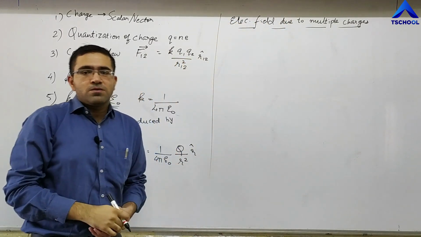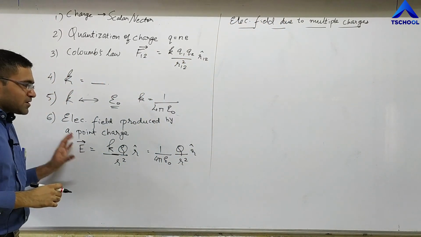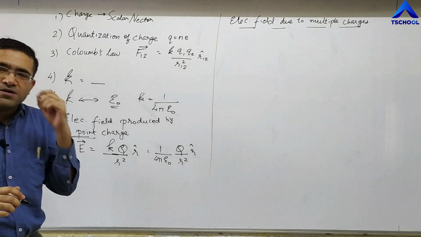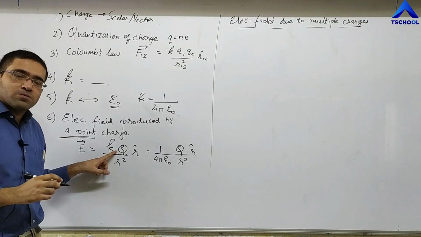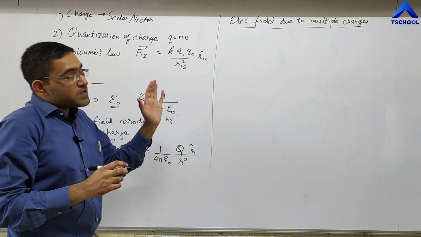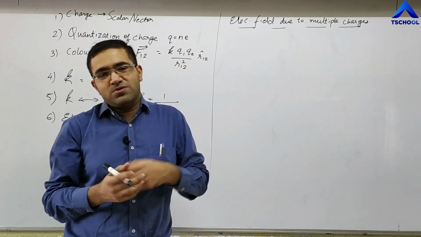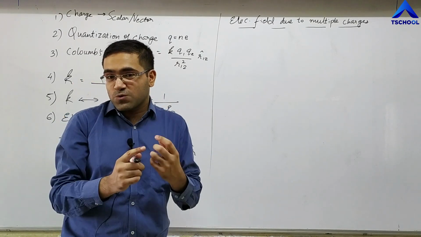If you remember, when we studied the electric field produced by a point charge, it was just a single point charge, capital Q. Now here we are going to think about what would happen if there are multiple point charges instead of just one.